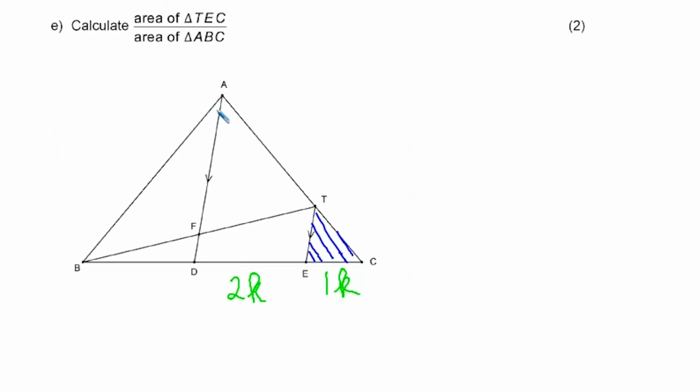So I'm talking about the blue stripy triangle and this red triangle. They are similar. Their sides are in the ratio 1:3.